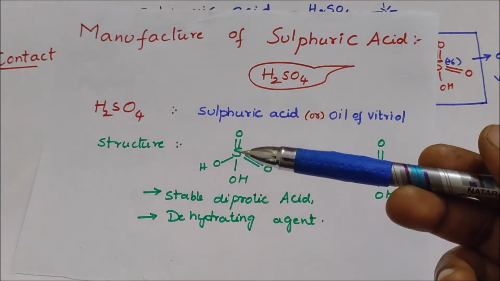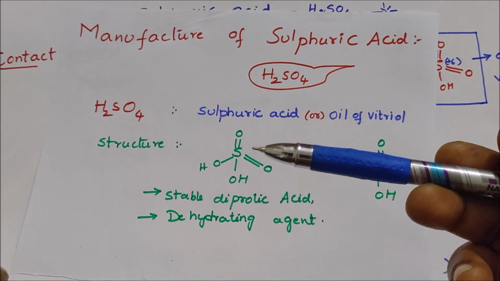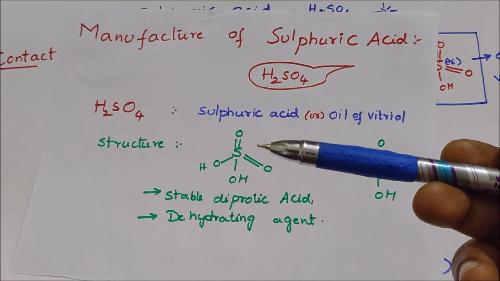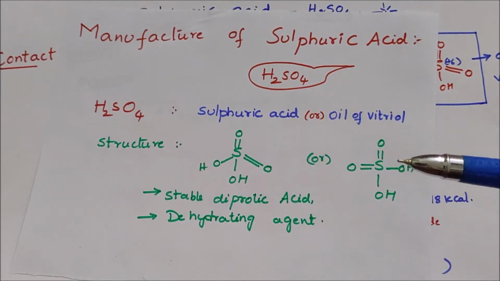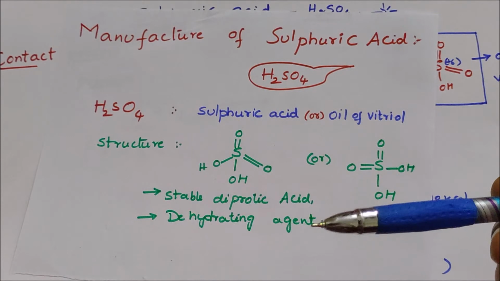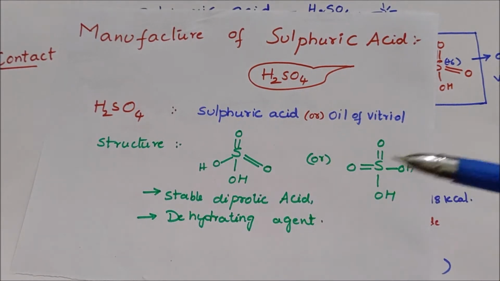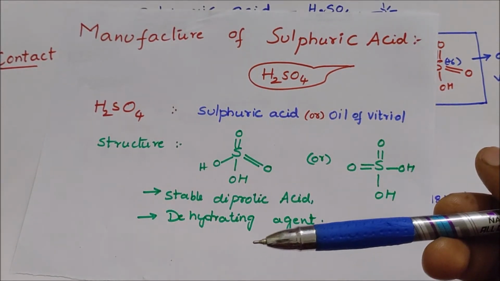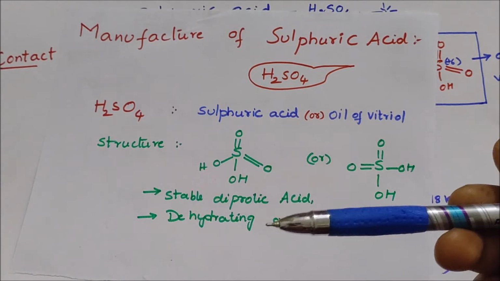In sulfuric acid, sulfur is the central atom. It undergoes sp3 hybridization and has a tetrahedral shape. It is a dehydrating agent, that means it removes water molecules.